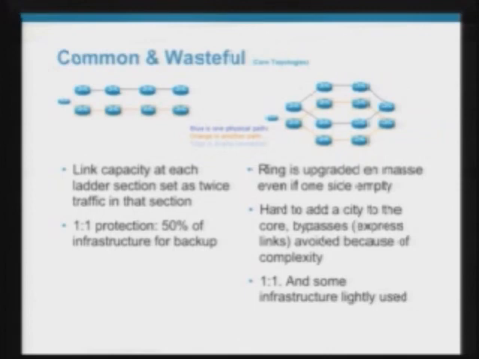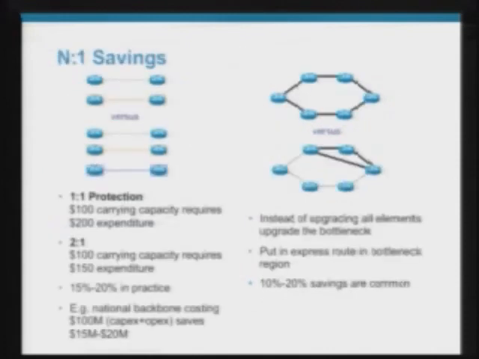Furthermore, with the rings and the other ones, it's just a hassle, because you have to maintain similar capacities across the whole network, and cost-wise, it's quite big. So there's a comparison between 1-to-1 saving versus 2-to-1 protection.